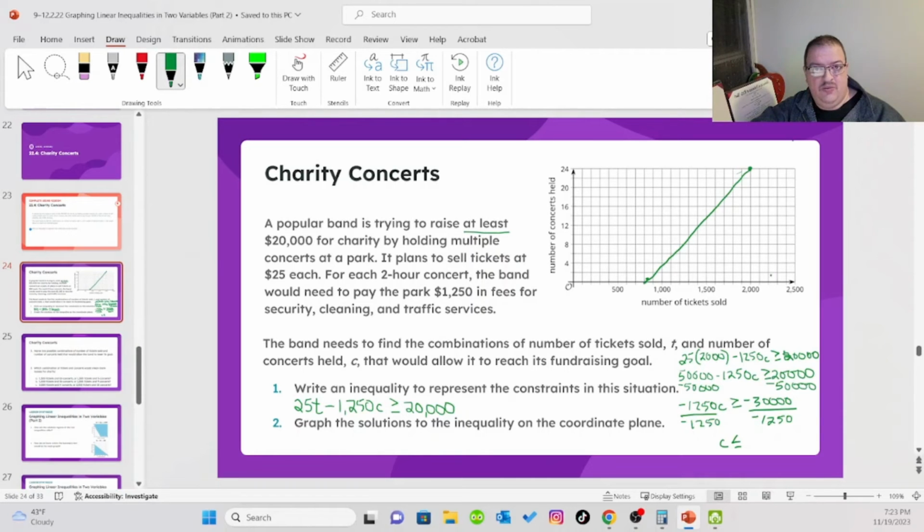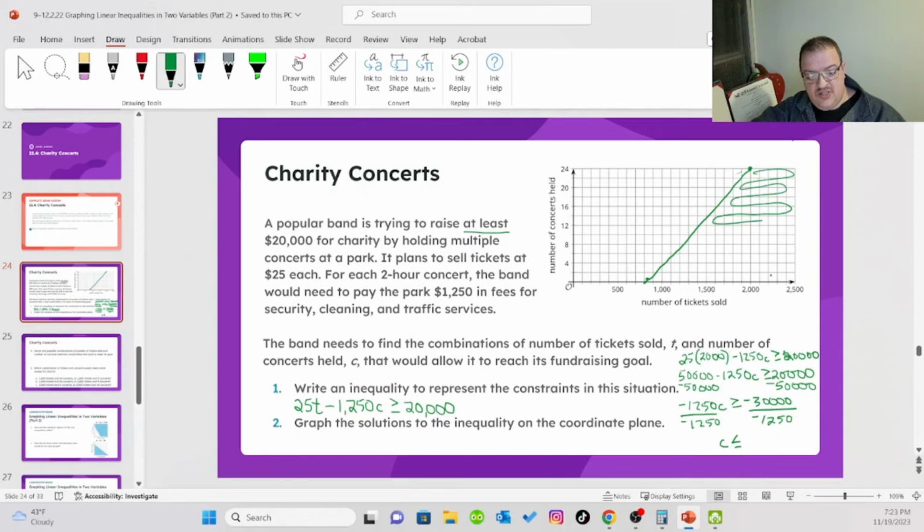An easy one here is if I take the origin 0, 0, then I sell no tickets and I have no concerts. So there's no possible way I could make $20,000. So if the origin won't solve it, then I need the points on the other side.